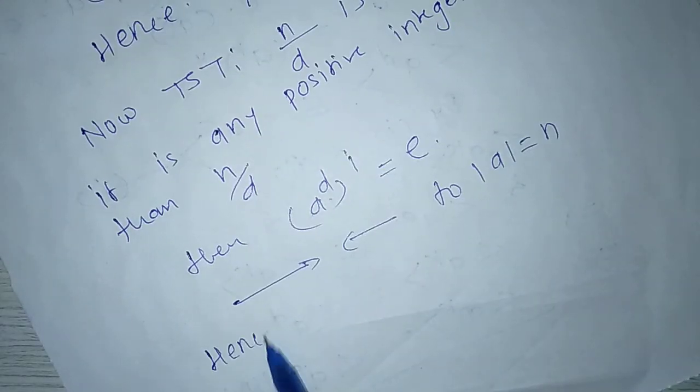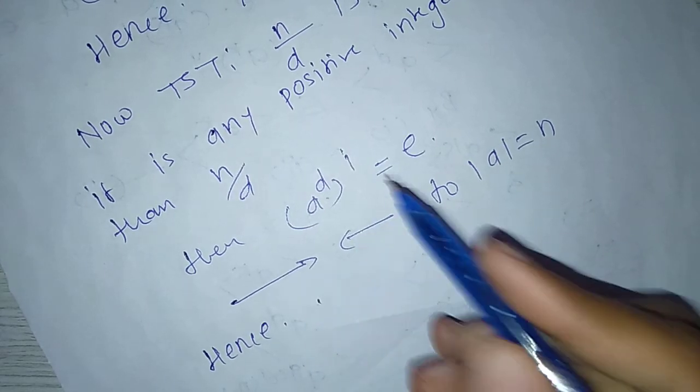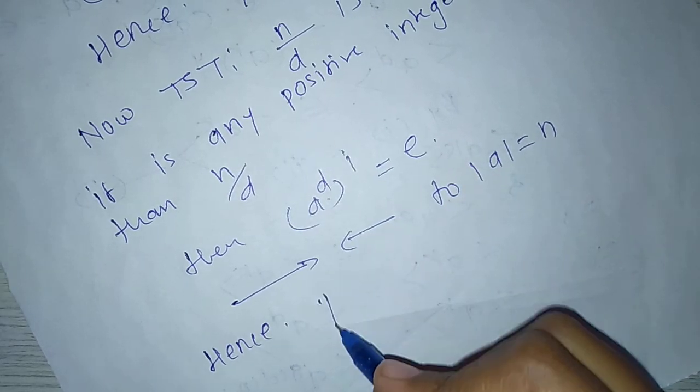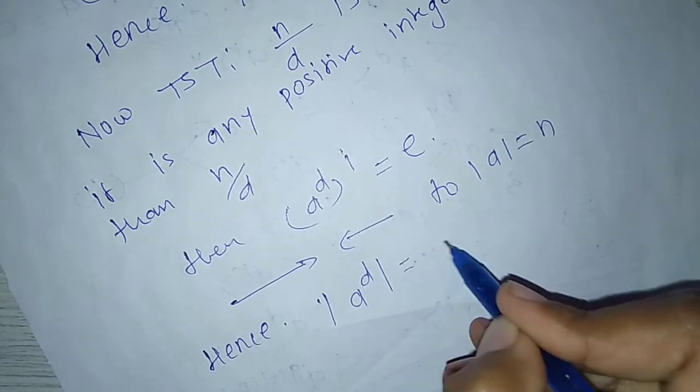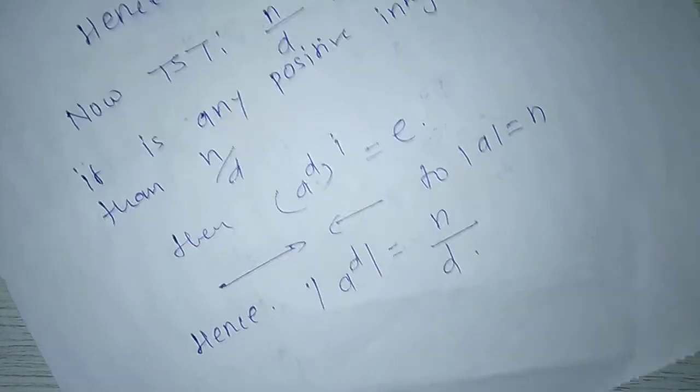Hence, i is not the least positive integer, so n upon d is the smallest. Hence, we get the order of a raised to d equals n upon d.